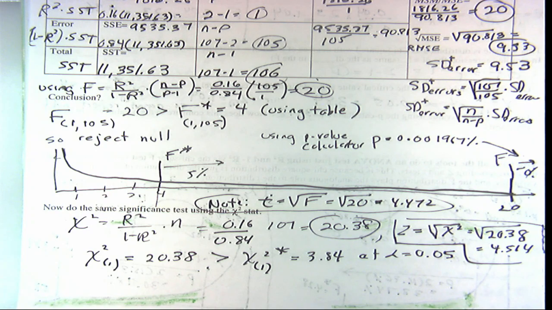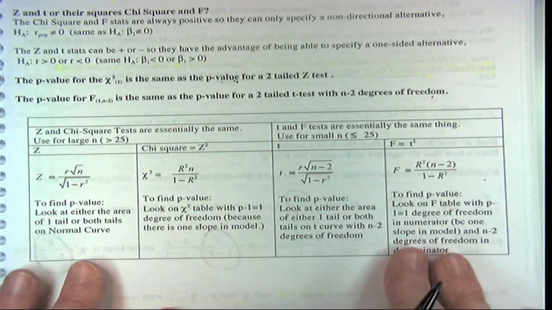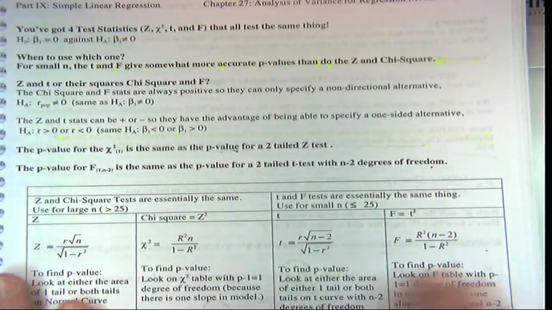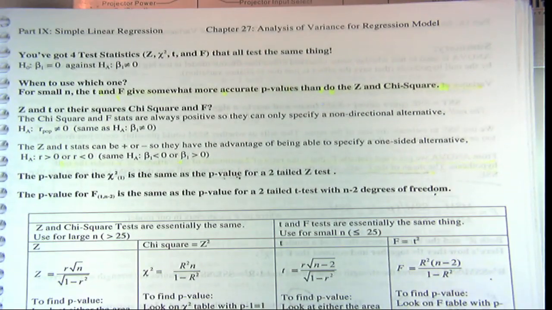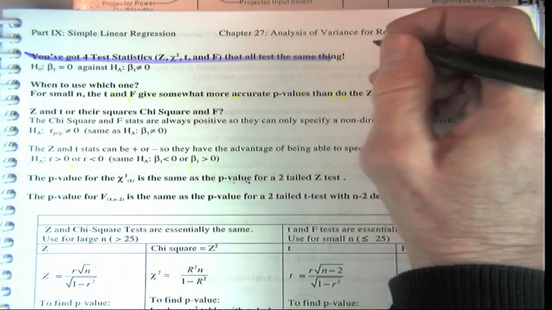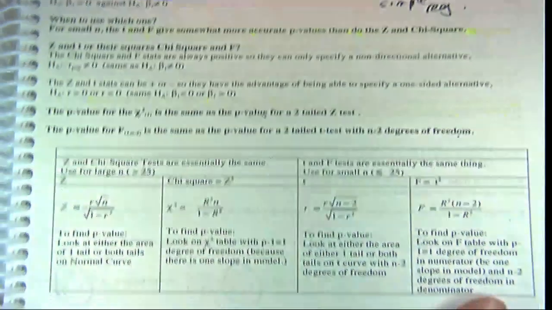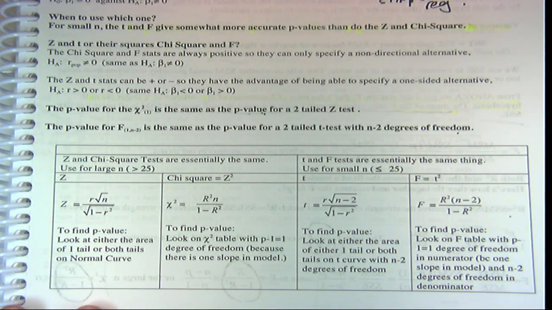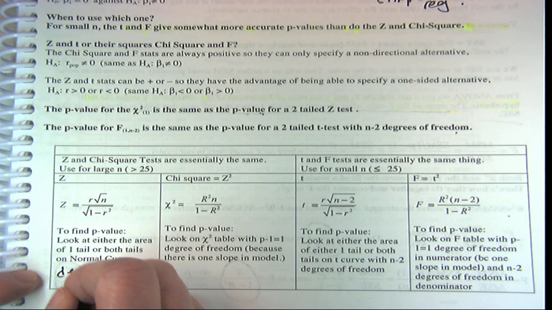Now, one last thing that I want to show you, and that's on the next page. You're going to be filling out a chart like this on your homework. You have 4 statistics that test the same thing for simple regression. They all test the same thing. To find the p-value, you can do either one tail or both tails on the normal curve, depending on the alternative.